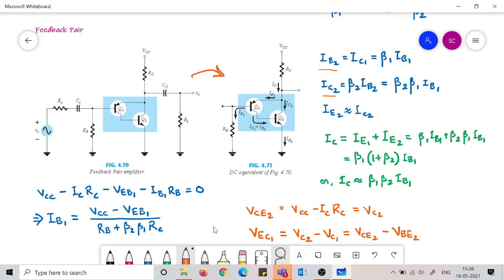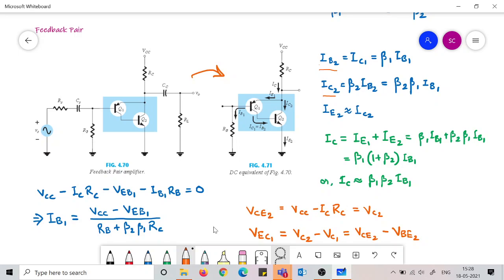Now that is fine, but what we need is the load current IC. IC is not equal to IC2. IC is IE1 plus IC2, or IE2, the same thing. So this would be equal to beta 1 IB1, because IE1 is almost equal to IC1, plus beta 2 beta 1 IB1.